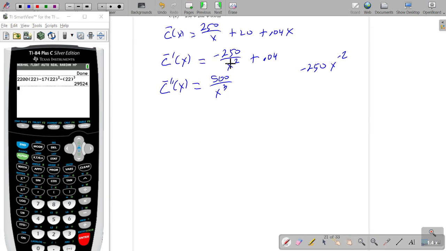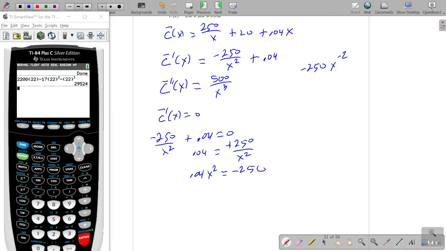So where is the first derivative equal to 0? So C bar prime of x equals 0: negative 250 over x squared plus 0.04 equals 0. So 0.04 equals negative 250 over x squared. 0.04 x squared equals negative 250; it goes to the other side and becomes positive.